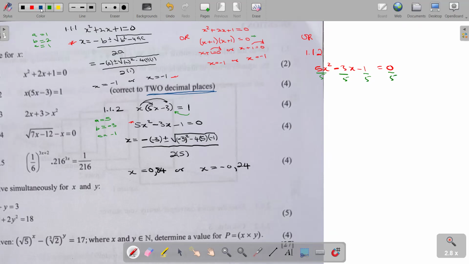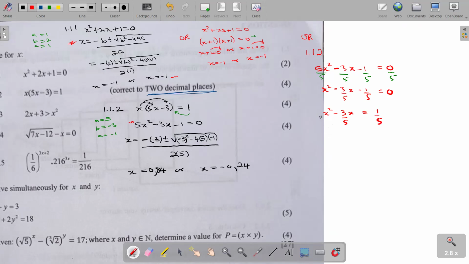So we are going to be left with x squared minus 3 over 5x minus 1 over 5 equal to 0. Then we leave only the terms with x on the one side. So we are going to have x squared minus 3 over 5x equal to 1 over 5.